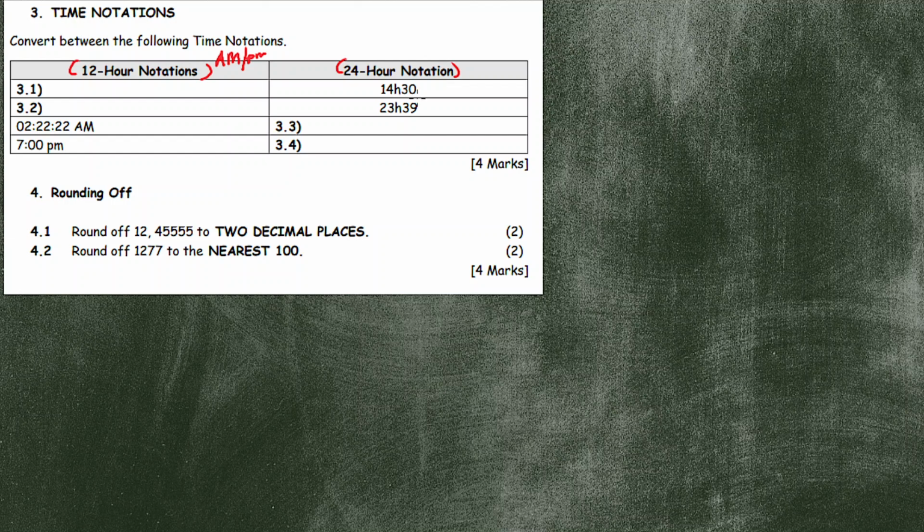So this is 14:30 on the 24-hour notation. This should be 2:30 p.m. on the 12-hour notation. This is after midday, right? So it's going to be 02:30 p.m. Then 23:39.